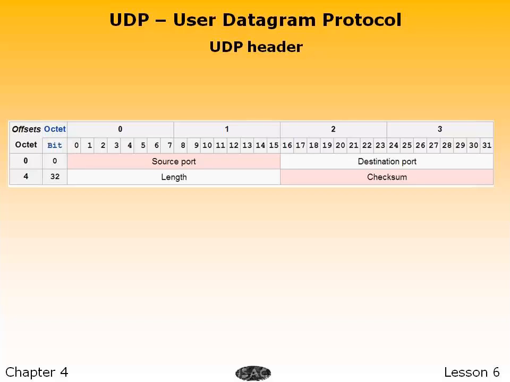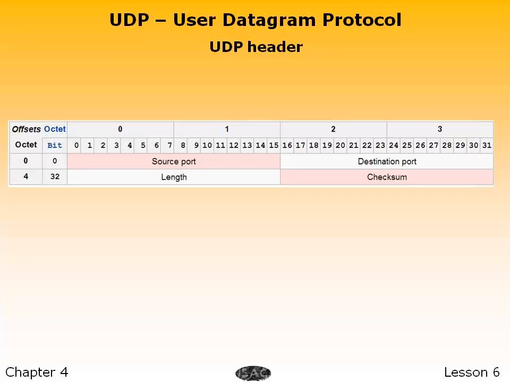So let's discuss each field of the UDP header. Source port number: this field identifies the sender's port when meaningful and should be assumed to be the port to reply to if needed.